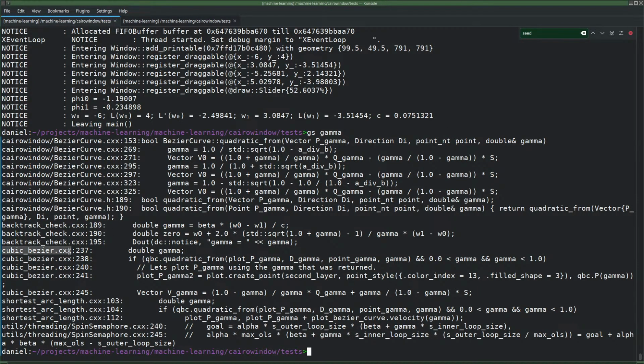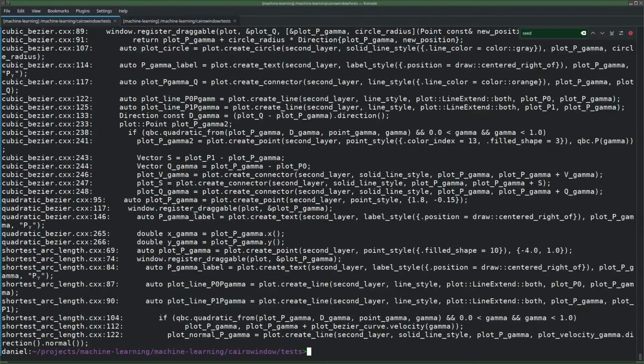Cubic Bezier itself had a gamma. Haha. Yeah, something like, I mean, a point that is called P gamma, I would have called grab source extended flip. So I can just copy it from cubic Bezier.